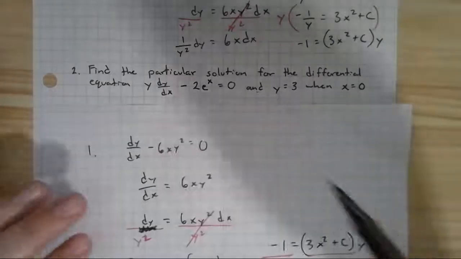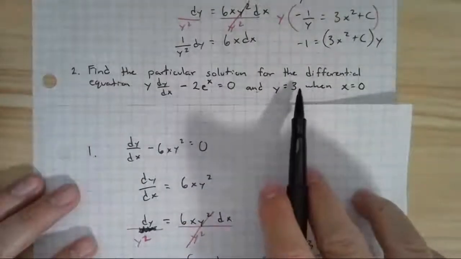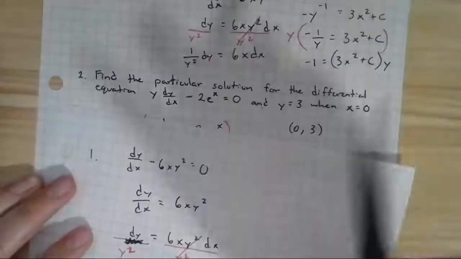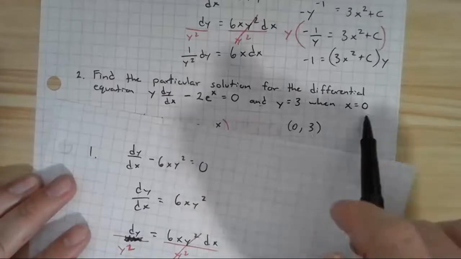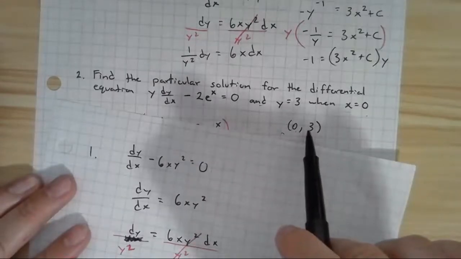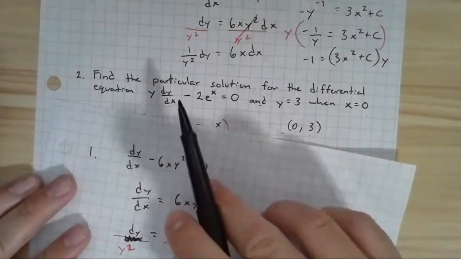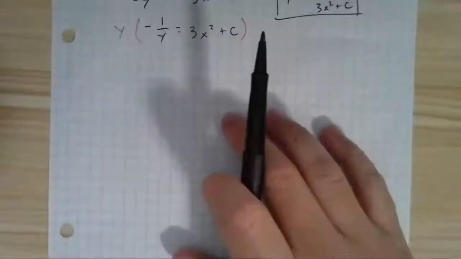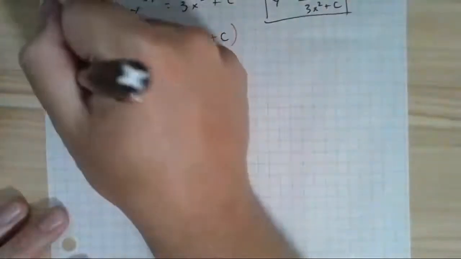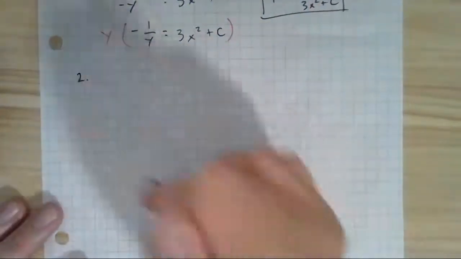So this is just another way of writing this point 0, 3. When y is equal to 3, x is equal to 0. So it's just 0, 3. Okay, and I'm going to have to find that particular solution then. So go ahead and pause the video again and try to see if you can do this on your own and then compare the solution.